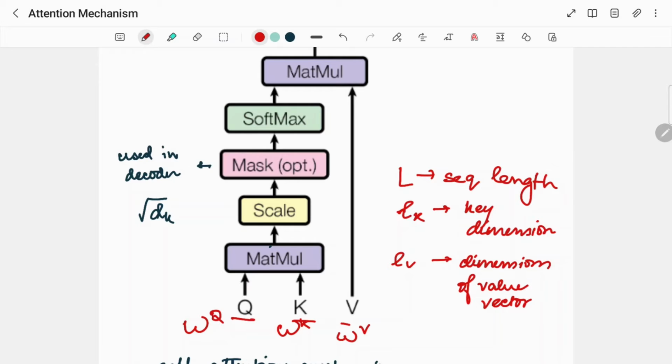We also represent these as DK and DV, not LK and LV, that was my mistake, sorry.